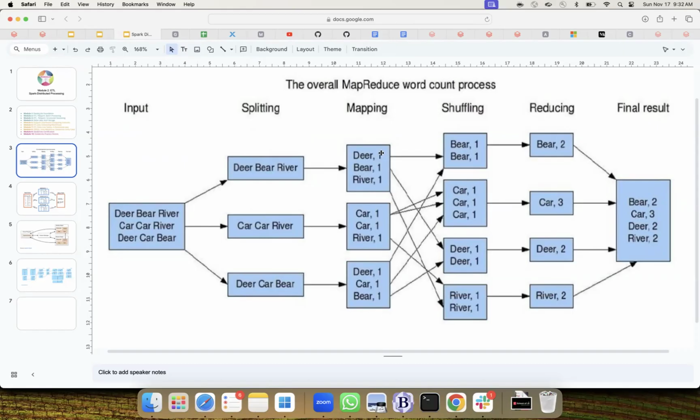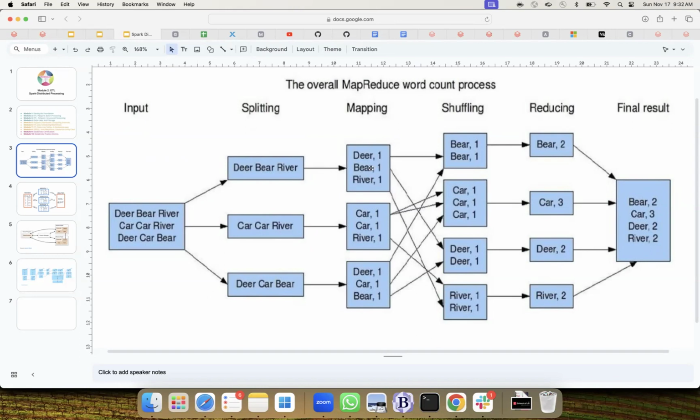So I'm just giving a count of one to each of these, right? Then comes shuffling, because if I want to count bear, I know bear is here, but I don't know where the other bear is and what the count is.